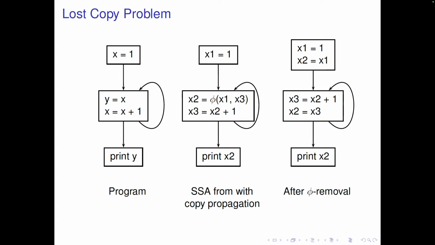Once again, x2 is 3, x3 is 4, we come out, the answer is 3. Do the same here. x1 is 1, x2 is 1, x3 is 2, x2 is 2. Go along once, x2 is 3, go along twice, x3 is 4, x2 is 4, you print, the answer is 4.